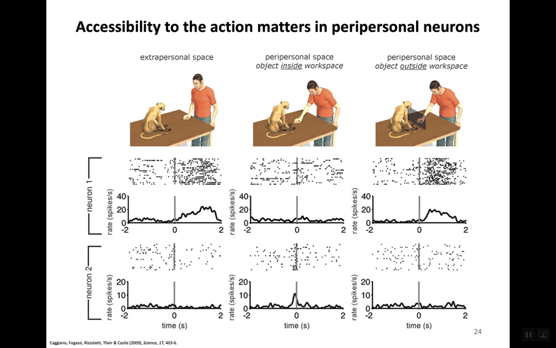Okay, so what does this show us? Well, it shows us that the response profile of mirror neurons is quite complex. There's a great deal of sensitivity not just to the intrinsic properties of a stimulus, but also to context. Over the last 2 decades, the story surrounding mirror neurons became increasingly complex.